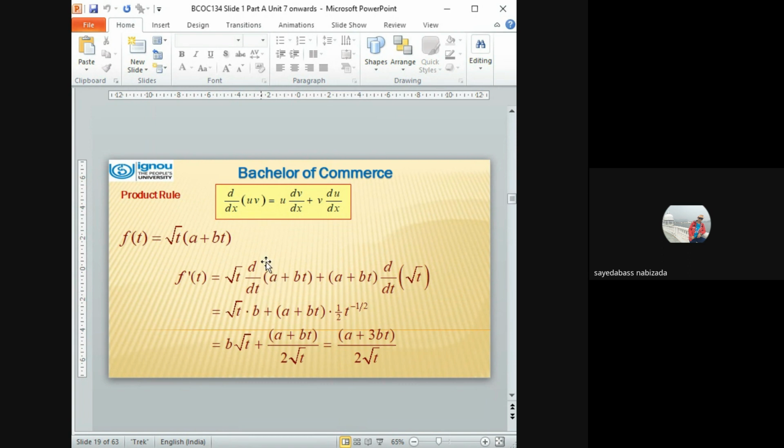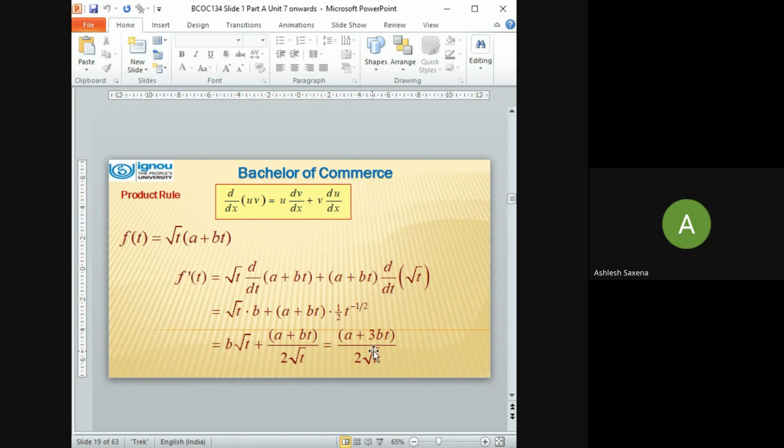Now what is happening? Derivative of a is 0, derivative of bt will be only b, because the power of t is 1, 1 minus 1 equal to 0. Anything to the power 0 is 1, and it becomes only b.